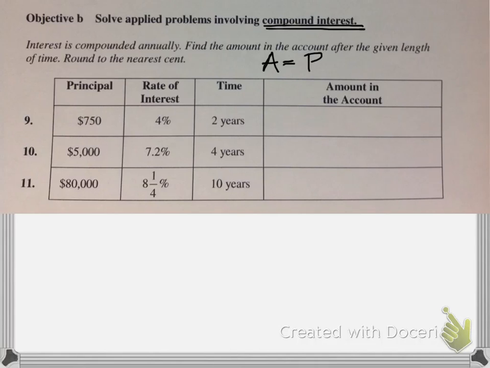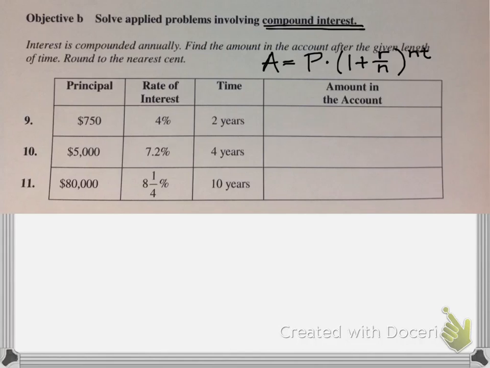It is P times, and then my plus goes on the inside. Confused myself for a second. Rate over how many times it's being compounded, and the power is how many times it's being compounded times t in years.